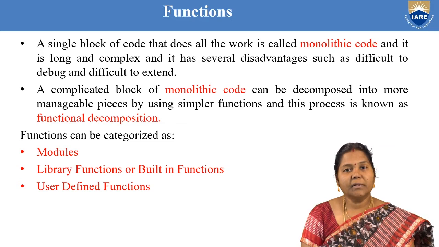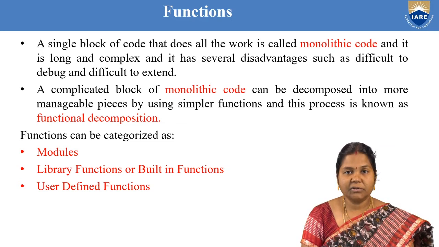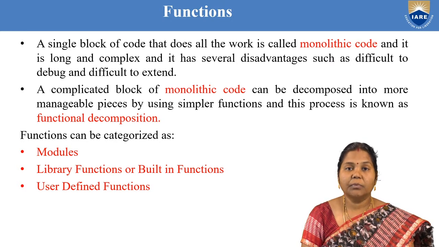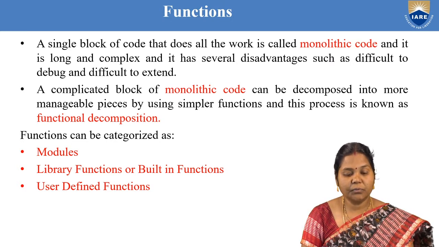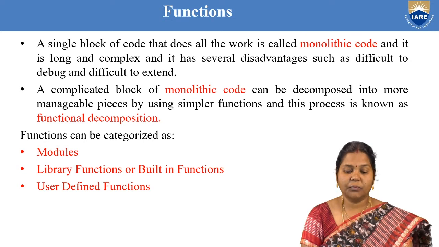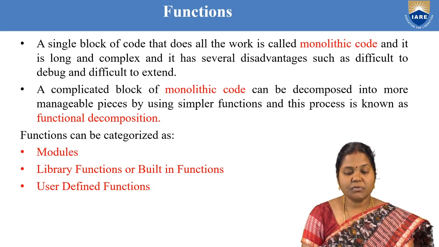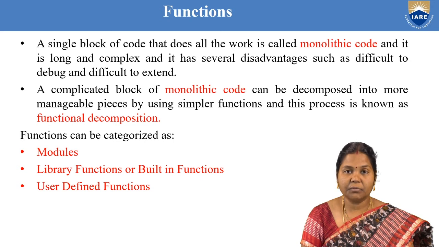Now, before the concept of functions or modularity, earlier programmers used to write monolithic code. What is monolithic code? A single block of code that does all the work that a program requires is called monolithic code. Monolithic code used to be very long and complex, and it has several disadvantages, like it is difficult to debug and difficult to extend.